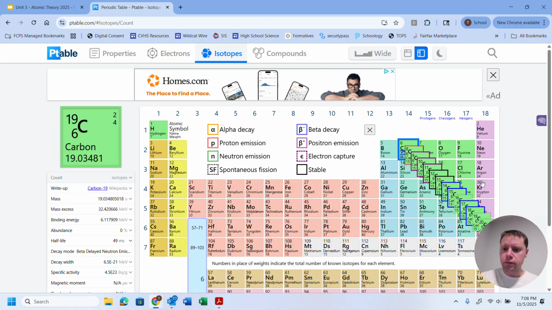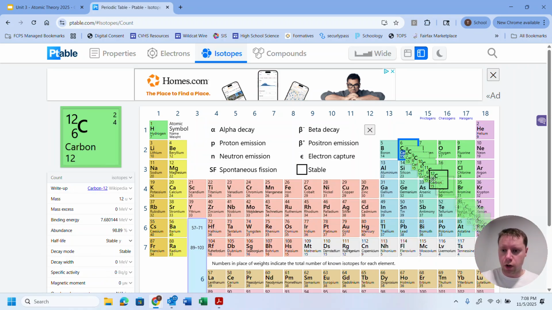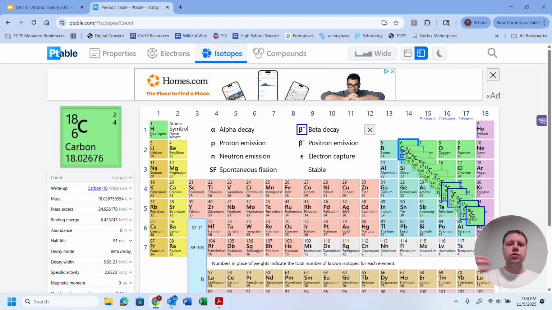Okay. If you look at carbon-12, you'll notice that it has a black box around it, meaning that it's stable. What that means is that the proportion of protons to neutrons is stable enough that it's going to hold together and it's not going to decay into simpler substances. Some of these heavier carbons, like carbons 15, 16, 17, those ones do decay.